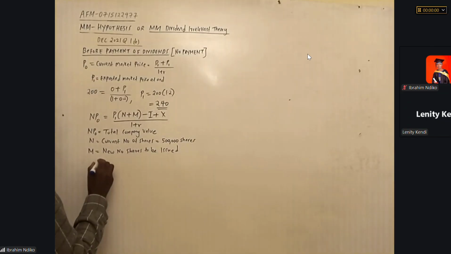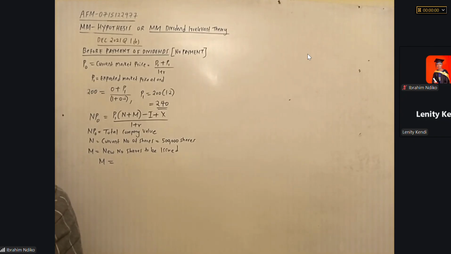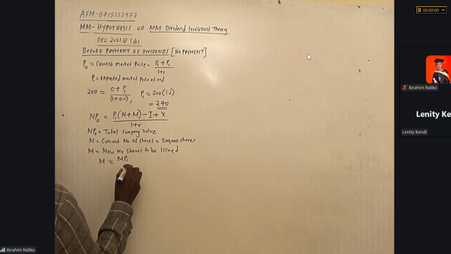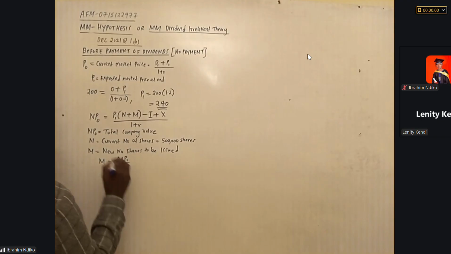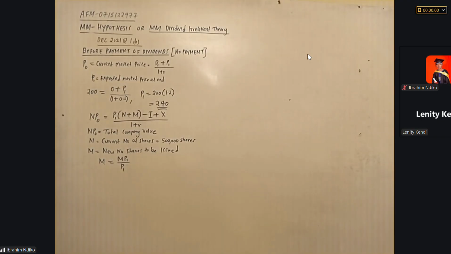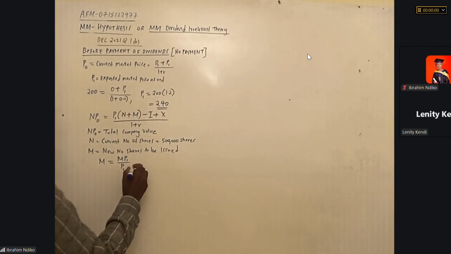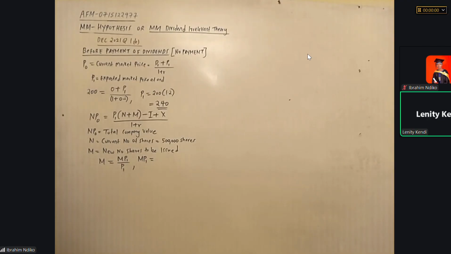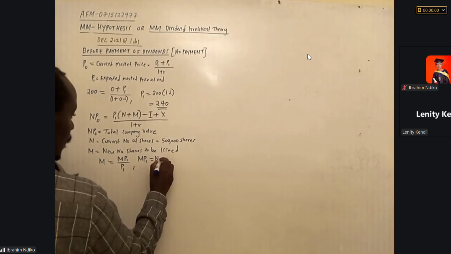This is the formula. M is equal to mP1 over P1. So we need to know what mP1 is, which is the new capital to be raised.